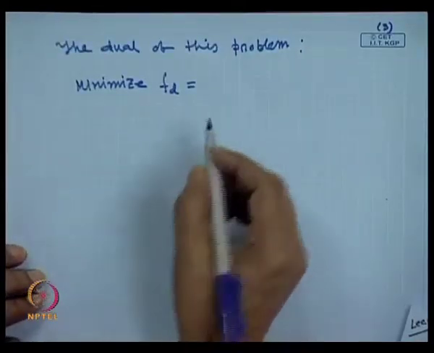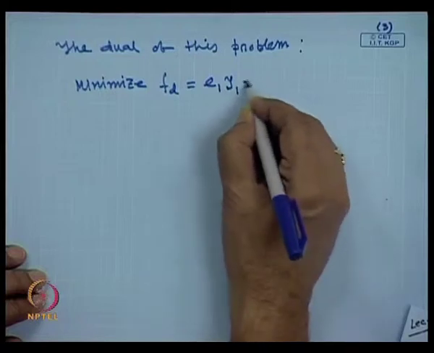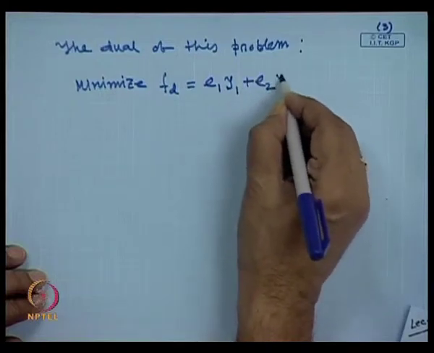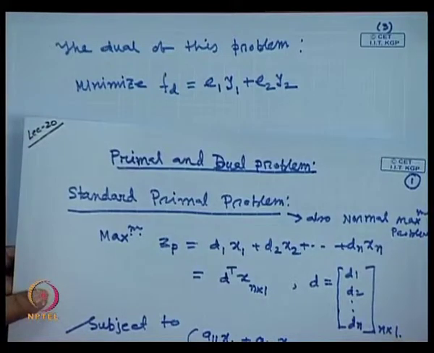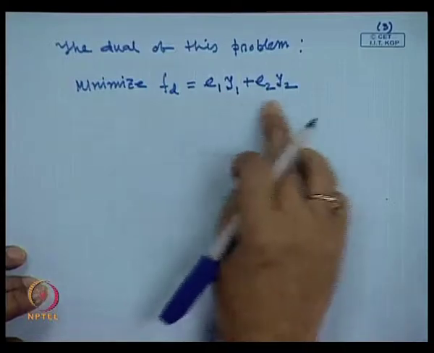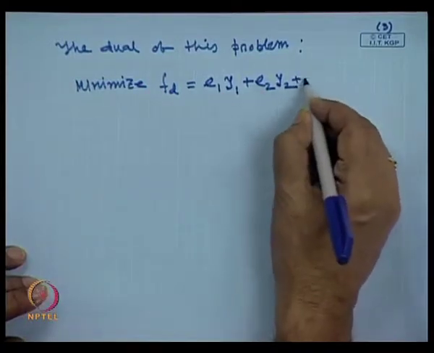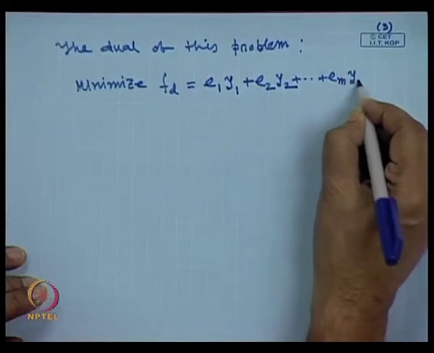So, I am writing E1 into Y1, E2 into Y2, where E1, E2 are known to us, and in this way up to Em Ym.